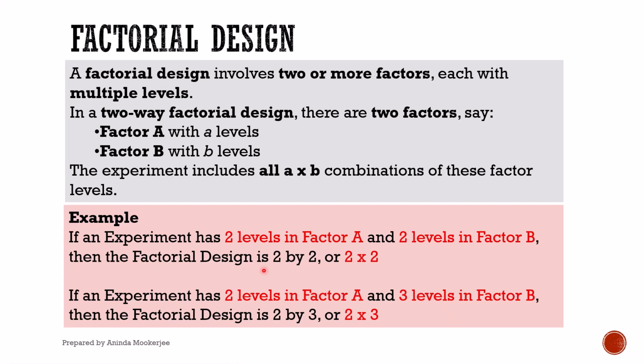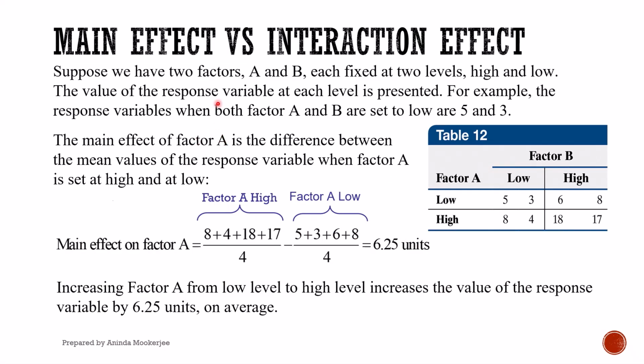All right? Now let's try to understand what we mean by the main effect of each individual factor versus the interaction effect, which is between the two independent variables or independent factors. So it says here, suppose we have two factors A and B, each fixed at two levels, high and low. So in this table, we have two factors. One factor A is across the rows, and then we have factor B, which are the columns.